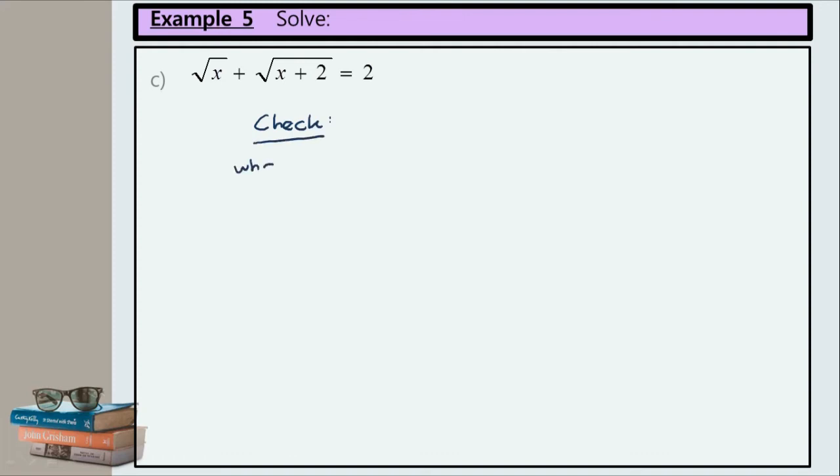just now we have x equal to 1 over 4. Okay, we need to substitute this value of x into the original equation. So first we check left hand side. Left hand side is √x plus √x plus 2.